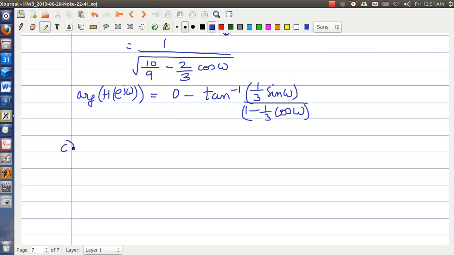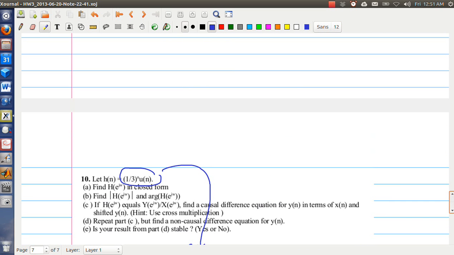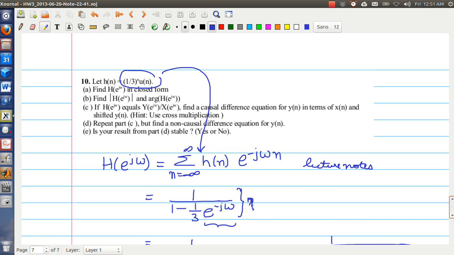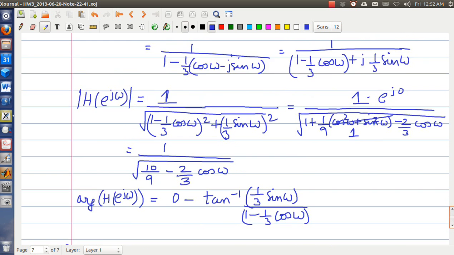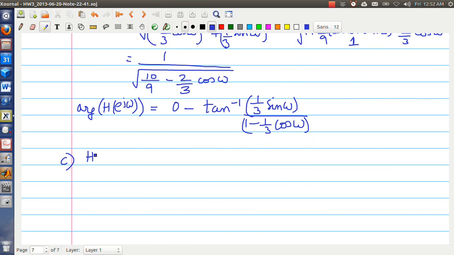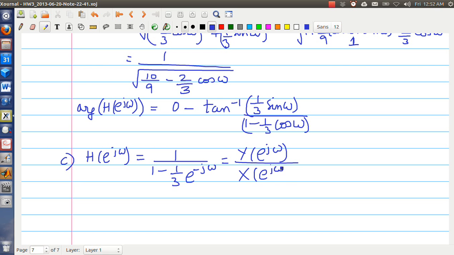Now C asks you to find a difference equation for y. What he's telling you is that this expression that you have for H is also equal to the output Fourier transform over the input Fourier transform, and your hint is to cross multiply it.